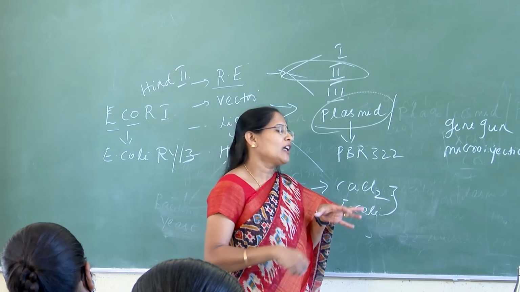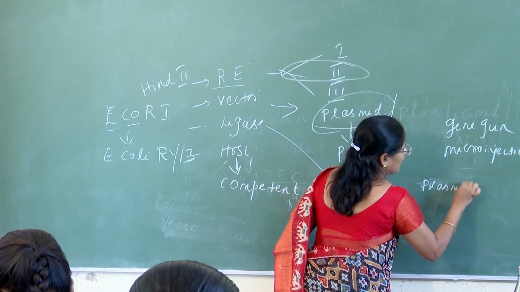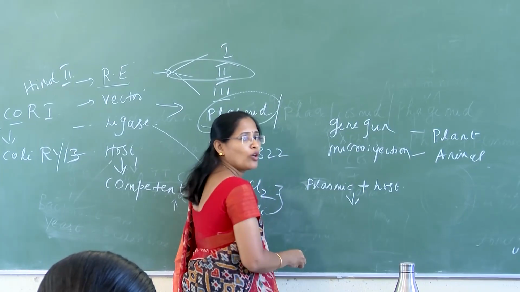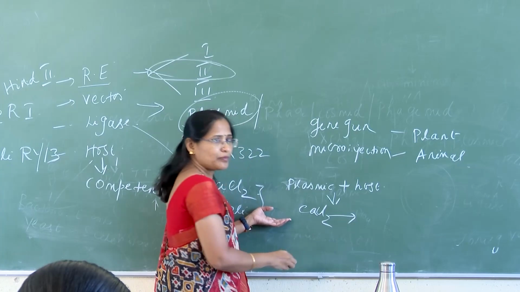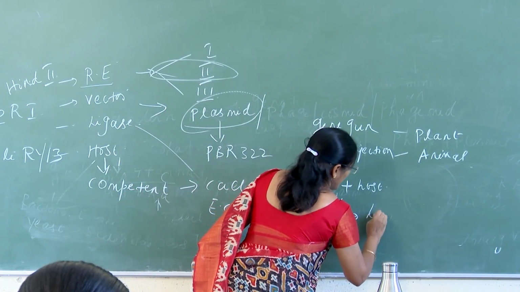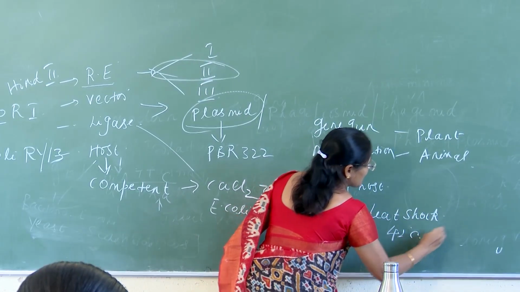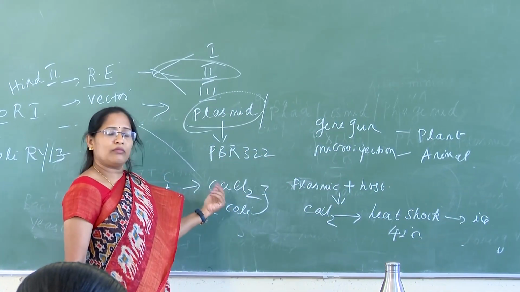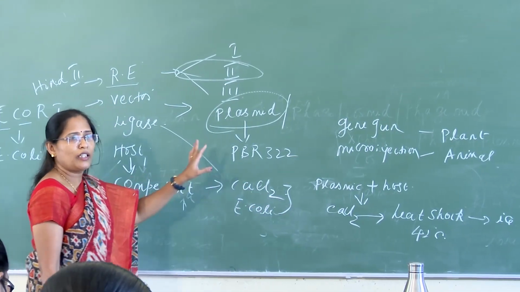Then you add your rDNA, the plasmid which has that rDNA, that is your vector, plus your host bacteria, and subject both first to calcium chloride. Then keep them in heat shock condition, that is 42 degrees Celsius. Then keep them on ice. This will enable them to take the vector into the bacteria. This is the method that we follow. Understood now? Got it? Yes?